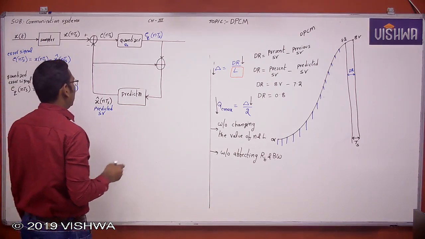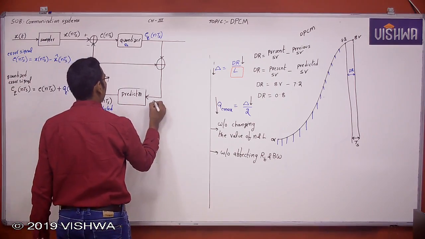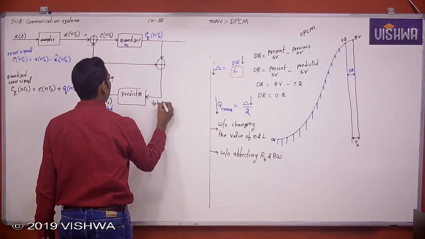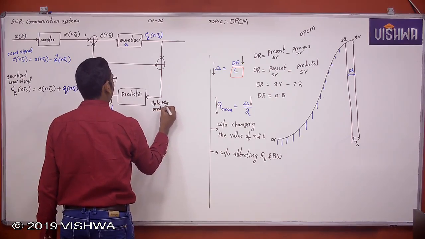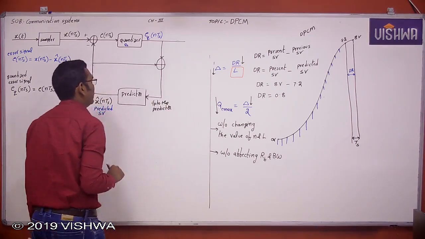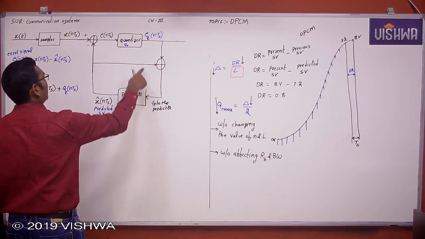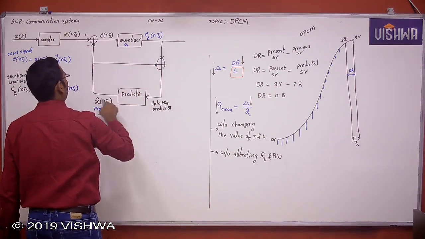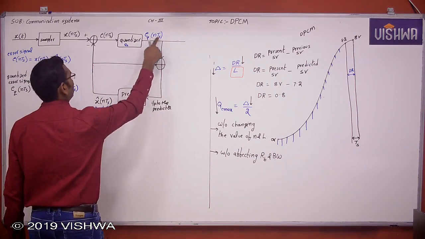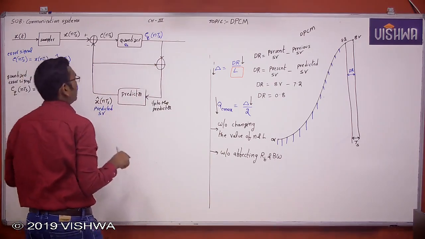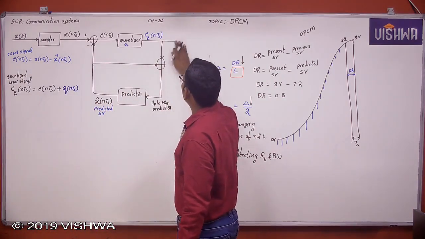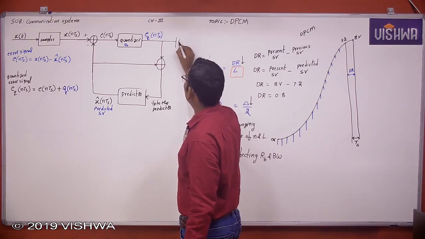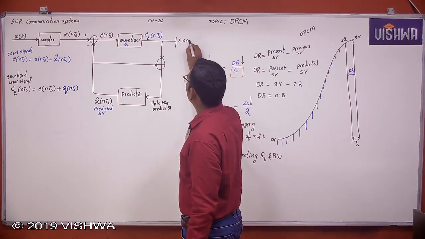Now we'll see the input to the predictor. What is the input to the predictor? It is the predictor output and the quantized error signal added together. This quantized error signal is going for the process of encoding.